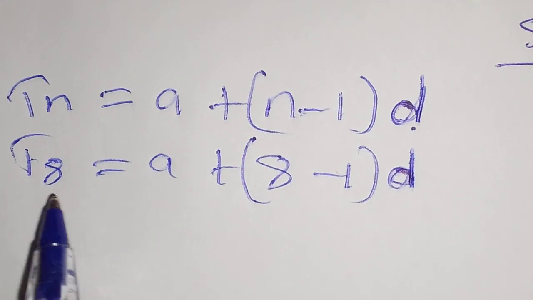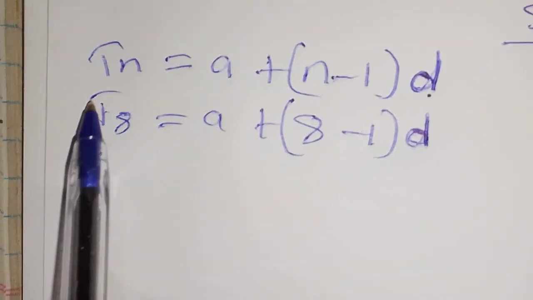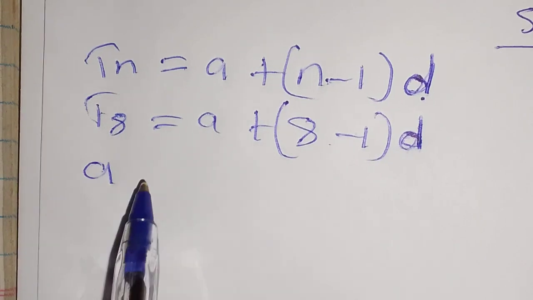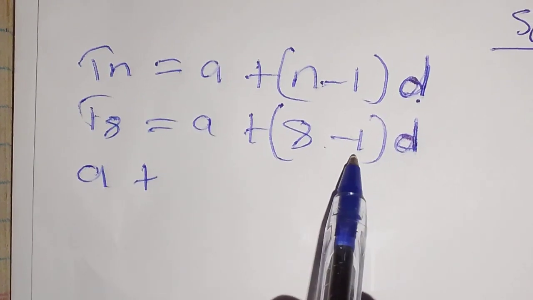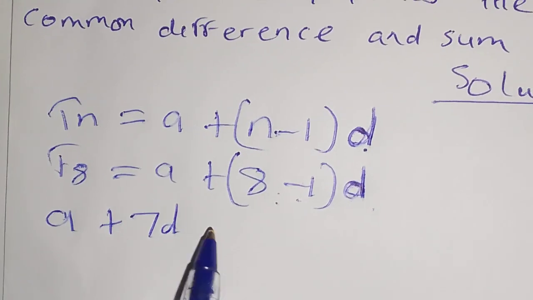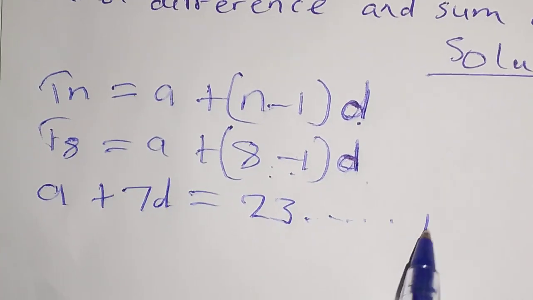We have been told that the 8th term is 23, so this whole thing is equal to 23. So 8 minus 1 gives us 7, so a plus 7d is equal to 23. This is our equation 1.